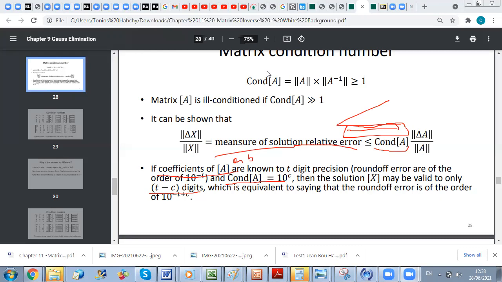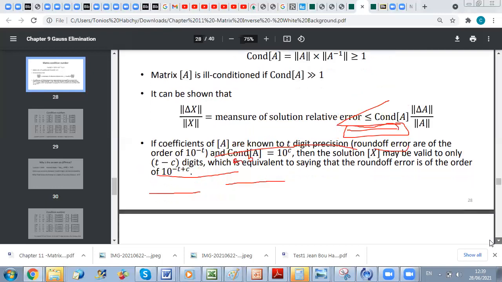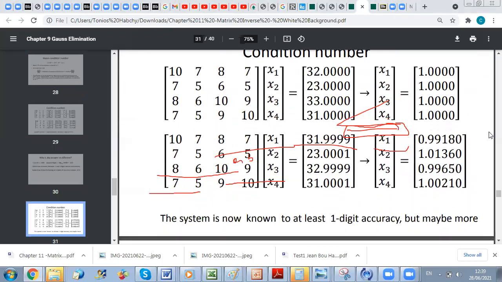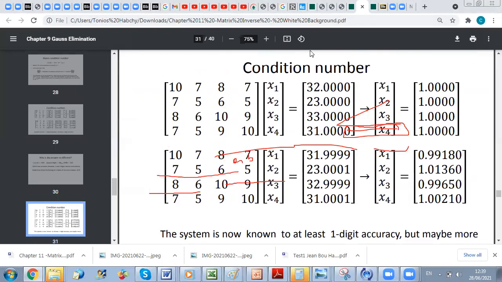Compared to the actual one, everything after the first 4 digits you might have very different results. After T minus C, the results can differ a lot. But in the example that you gave at the end, there were 3 digits we couldn't trust. What I want to tell you is that T minus C gives you the worst case scenario, but it is not necessarily true that I cannot trust 4 digits.